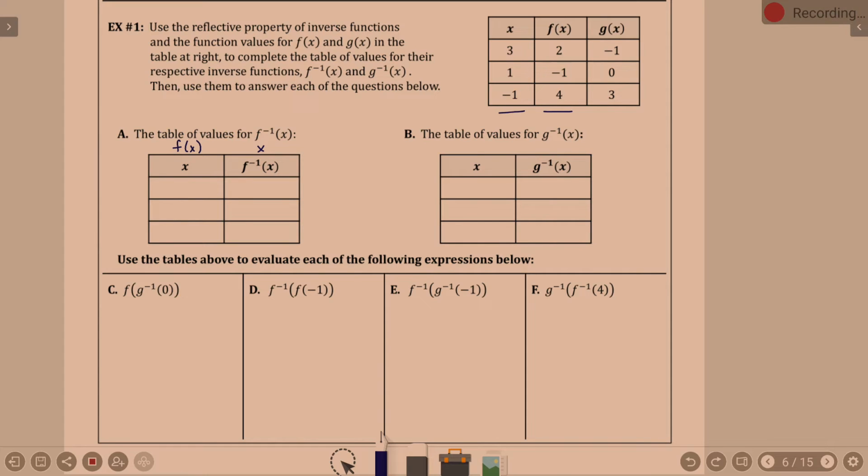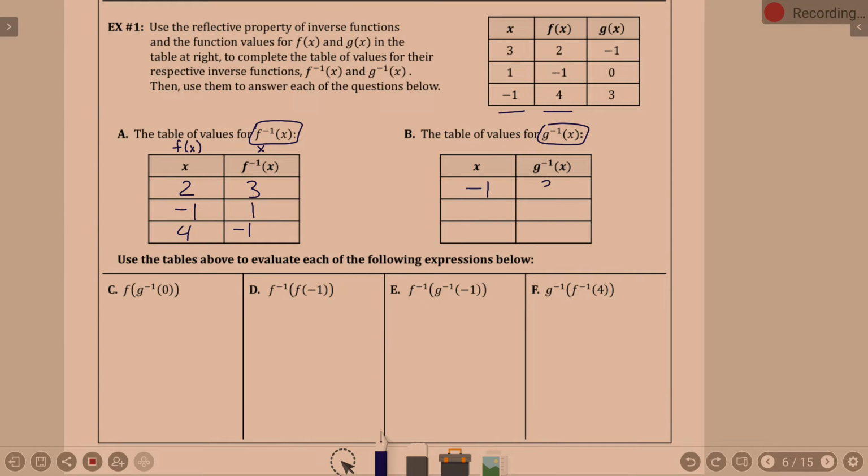We're going to have the first ordered pair being 2, 3. Then -1, 1. Then 4, -1. So those are your f inverse values. What about g inverse? -1, 3.